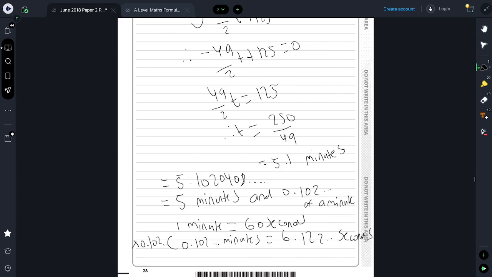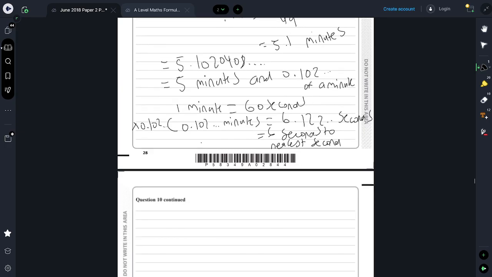Okay. So this part of a minute is the same as 6.1 seconds. So to the nearest second equals 6 seconds. So to combine that together then, the time is 5 minutes, because obviously this 6 seconds is for this bit here, but we add another 5 minutes on. So 5 minutes and 6 seconds to the nearest second.